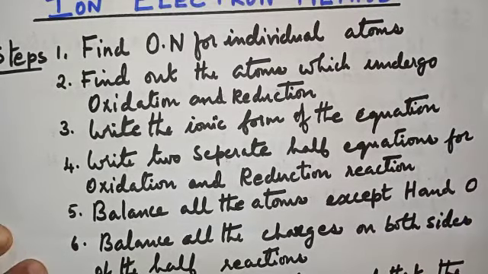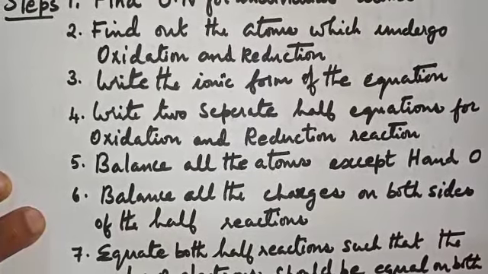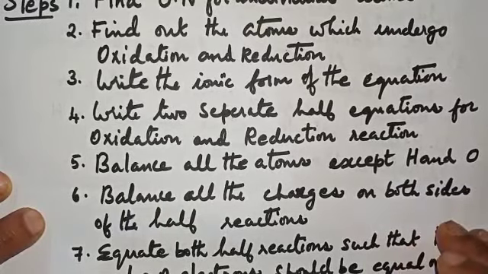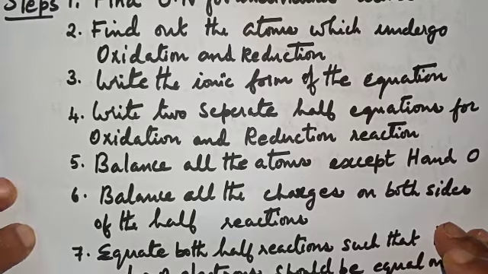Then in the sixth step, we balance the charges on both sides of the half reaction equation. There are two half reactions, and on both the left hand side and right hand side, the charges should be balanced. That is your sixth step.